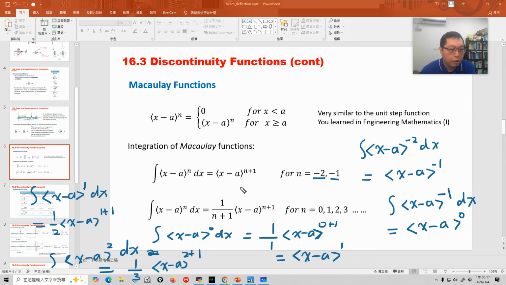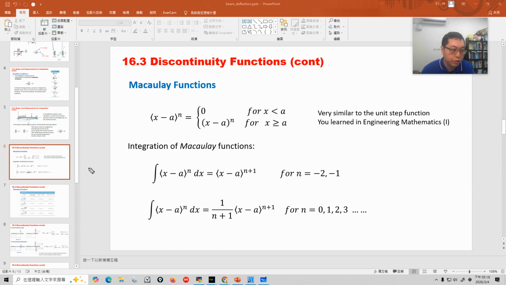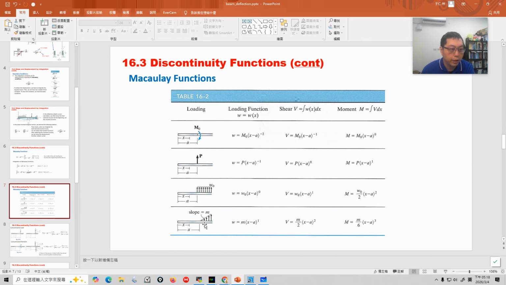So this is the definition of the Macaulay function, or discontinuity function, and the integration rule for it. Why do we need this discontinuity function? Because we need to use it to represent or describe the loading function.